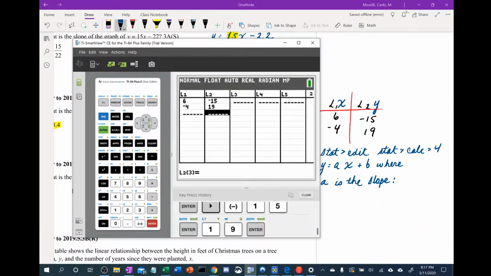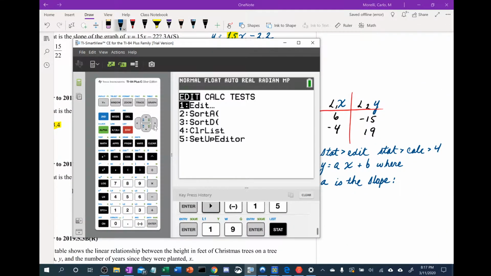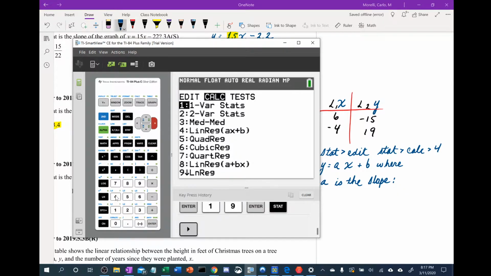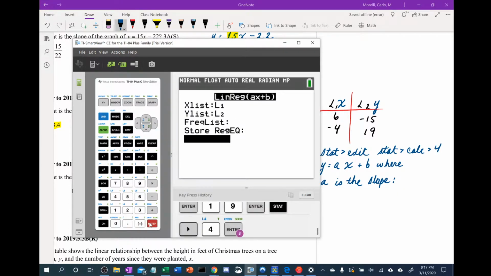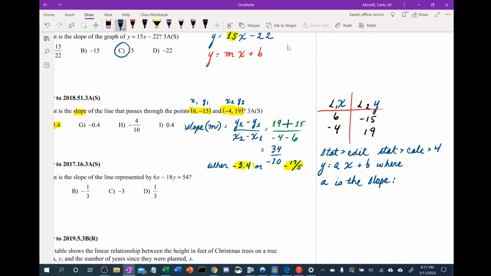Okay, so our table looks exactly like what we drew. We just hit stat calc 4, enter, enter, enter, enter, enter. And that gives us the equation of the line. The only thing I'm interested in is the slope, which is -3.4. Once again, we got -3.4.